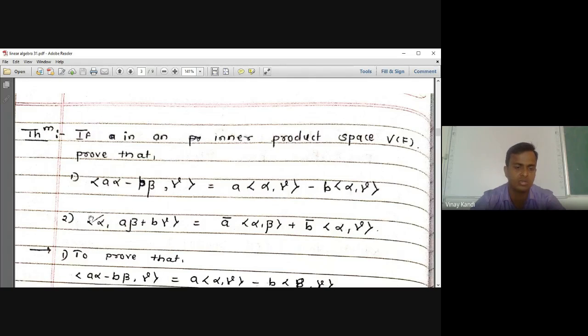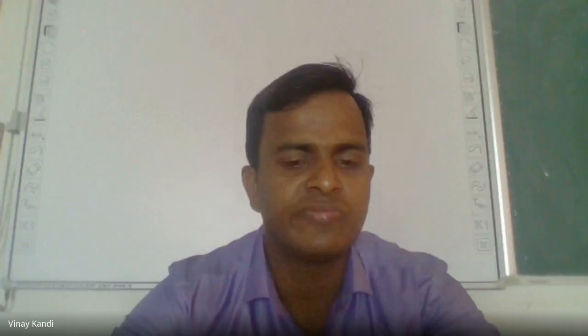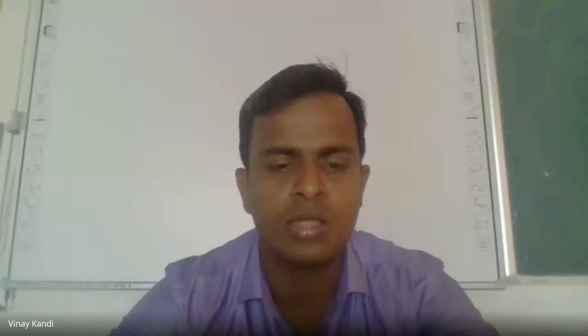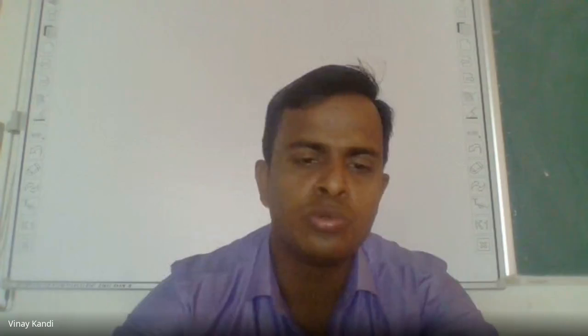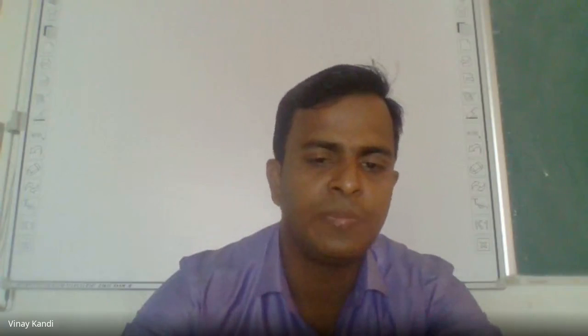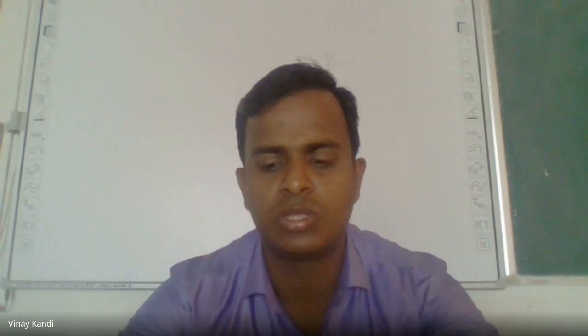Second condition: the inner product of alpha and A beta plus B gamma is equal to A bar into inner product of alpha beta plus B bar into inner product of alpha gamma. We have to prove these two statements, given that V is an inner product space.